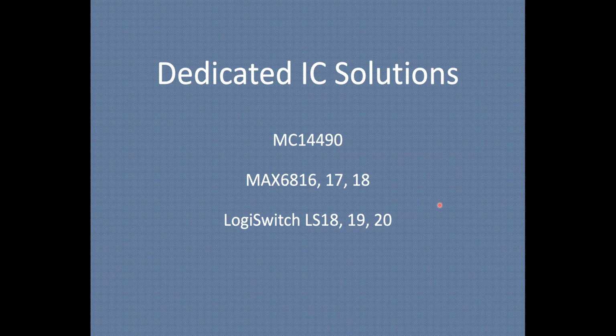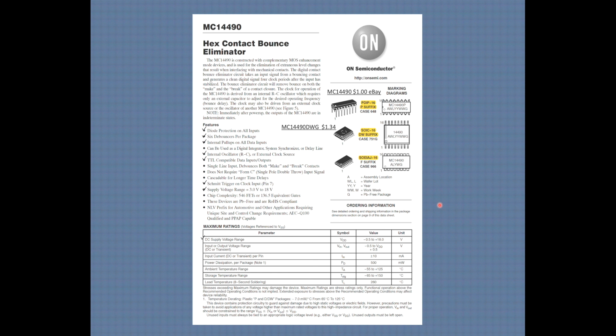And we'll look at these 3 IC solutions. The MC14490 is the only one that requires an external component. You need that capacitor. These are obsolete, so you're only going to get these on eBay. They're available on most electronic sites like DigiKey and Mouser, but they consider this DIP package obsolete.